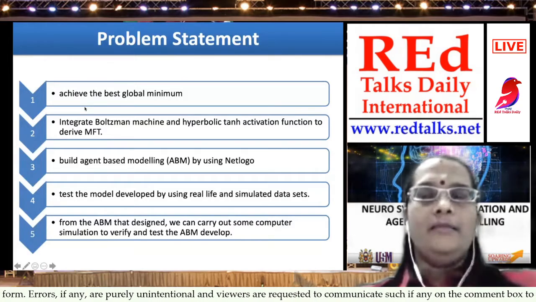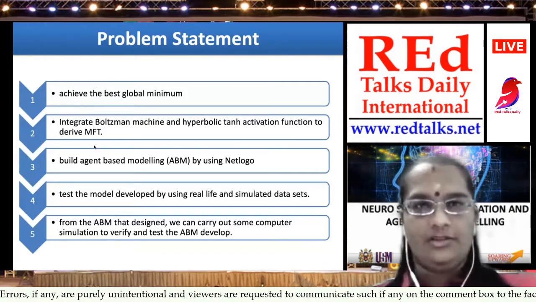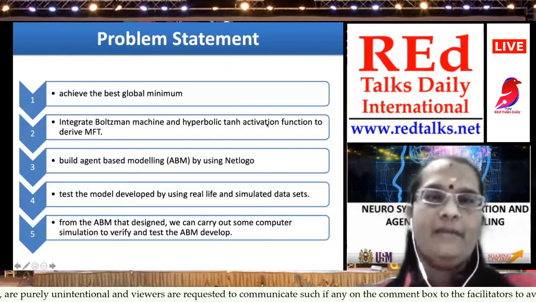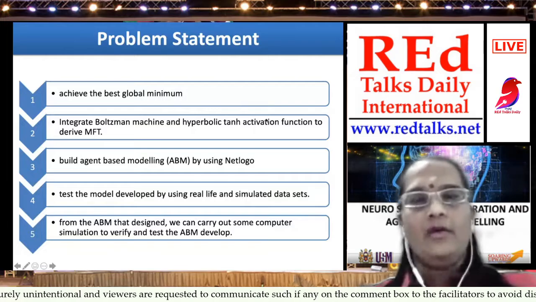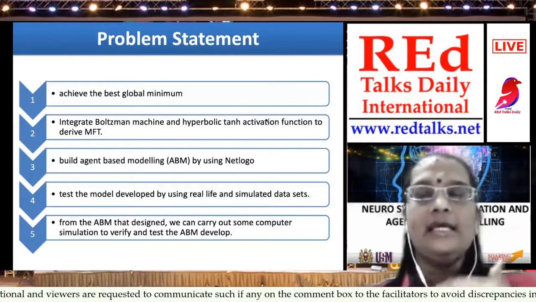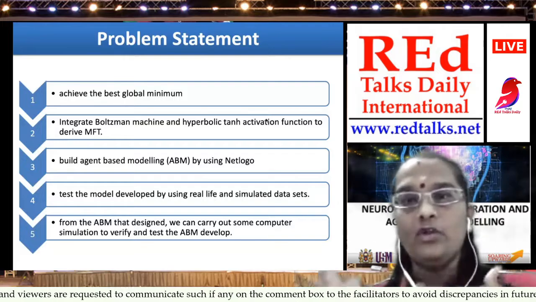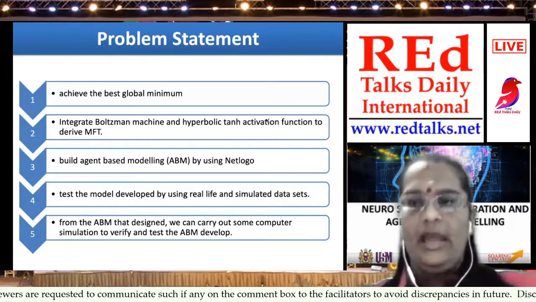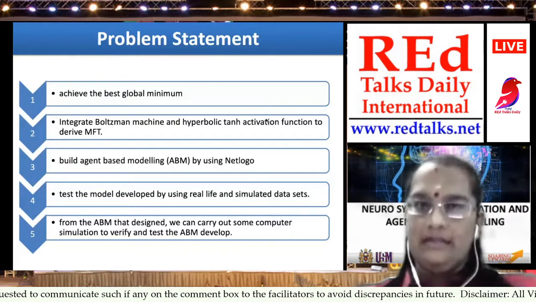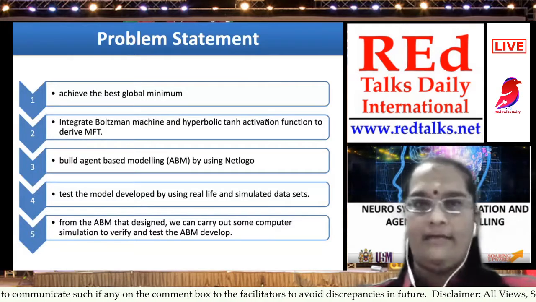So, the main objective of my talk today is to find the best way to achieve the best global minima, and I want to integrate Boltzmann machine and hyperbolic tangent activation functions. In my talk today, I will just go through hyperbolic tangent activation functions because of time constraint, and I will skip the Boltzmann machine and MFT.